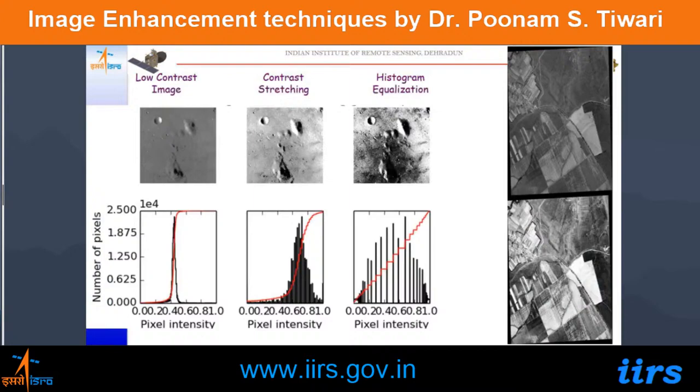The same moon images now have histogram equalization applied, and you can see features which were not visible in the minimum maximum stretching. Those features are now more visible.